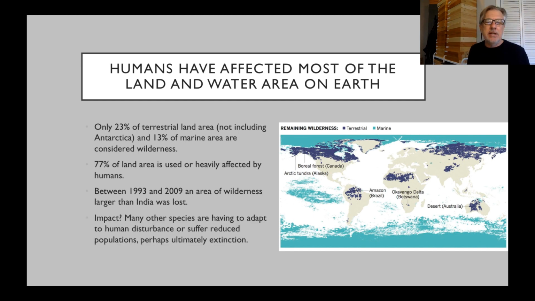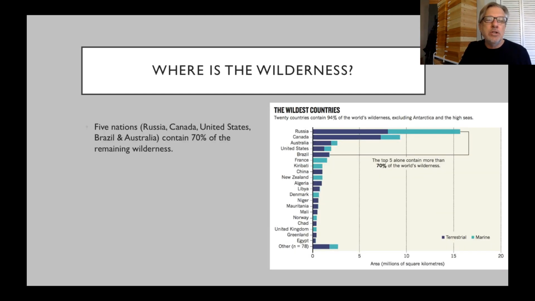The impact is that species in most areas where humans live have to adapt to human disturbance or suffer reduced populations. And the problem with reduced populations is it makes a species more likely to go extinct. Now, if we want to look at where is the wilderness, you can see it on that map that I just showed you. But what I wanted to point out is that 5 nations, Russia, Canada, the United States, Brazil, and Australia, contain 70% of the world's wilderness.